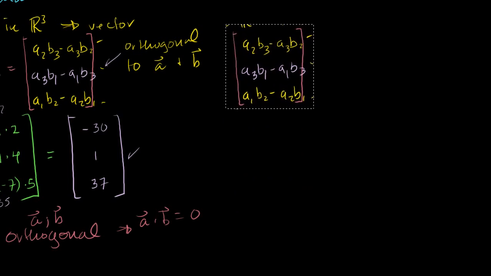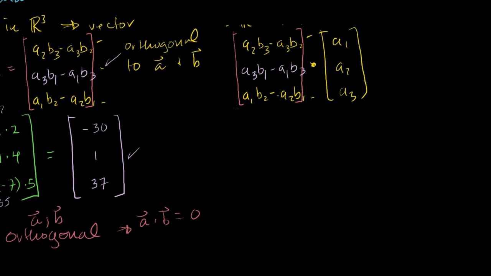Let me take the dot product of that with just my vector A, which was just A1, A2, A3. So what does the dot product look like? It's that term times that. So it's A1 times A2, B3, minus A1 times A3, B2.